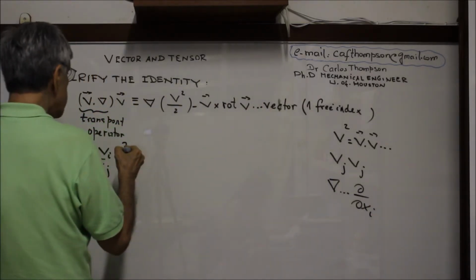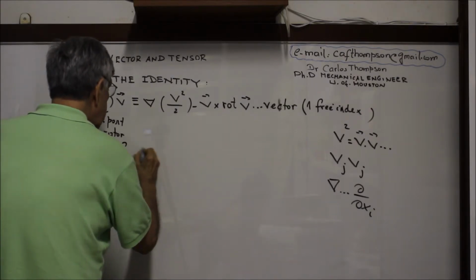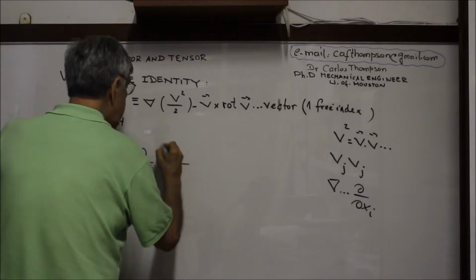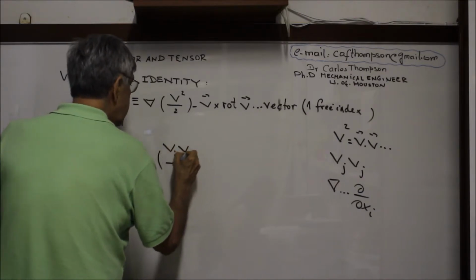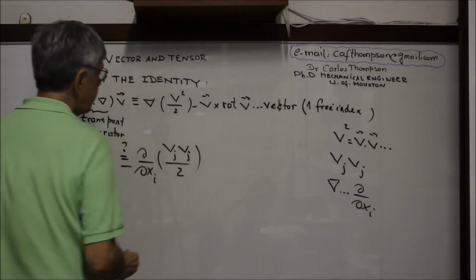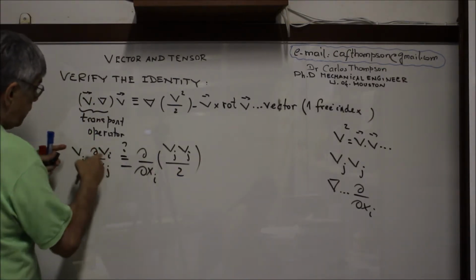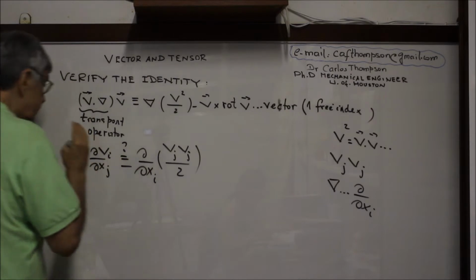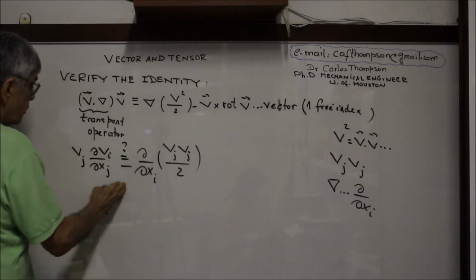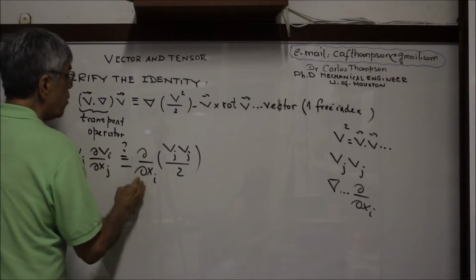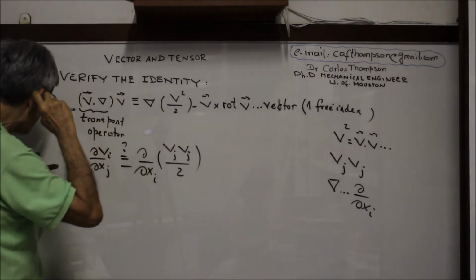Now this is equal to partial with respect to xi of Vj over 2. You see? Now I is a vector. You see? The number of free indices on the left hand side must be the same as on the right hand side.